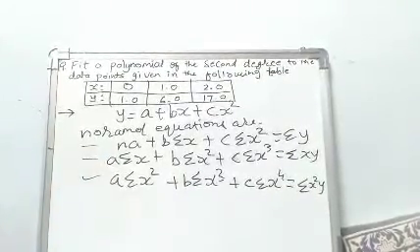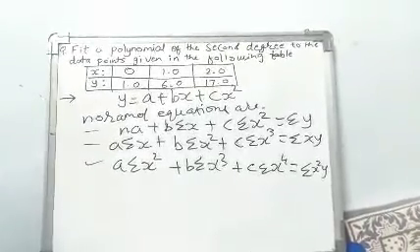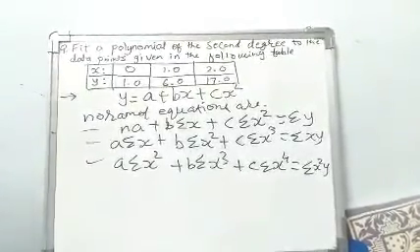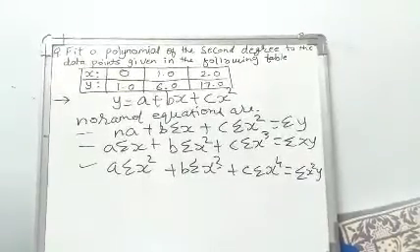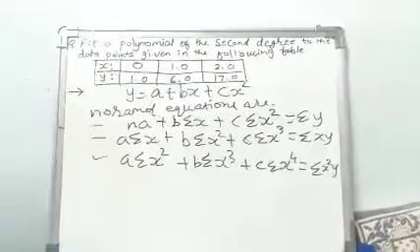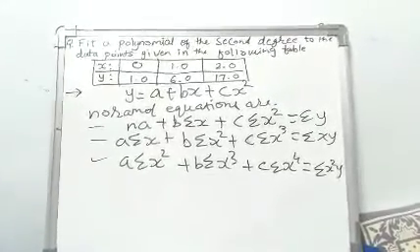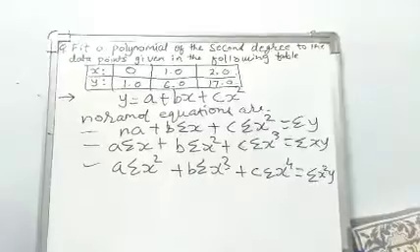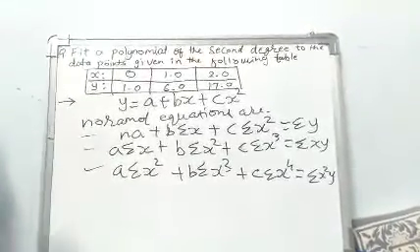So how to obtain the values of x square, x cube, x raised to 4, xy and x square y? Let us form a table which will show all the values.